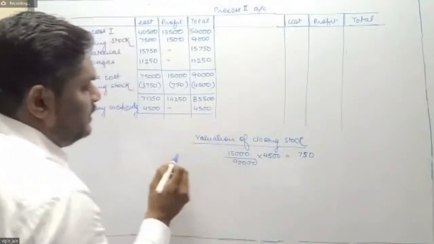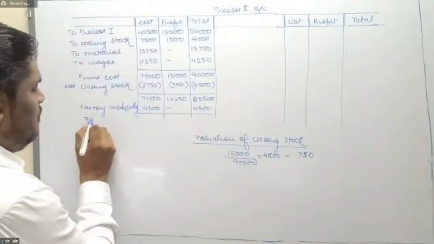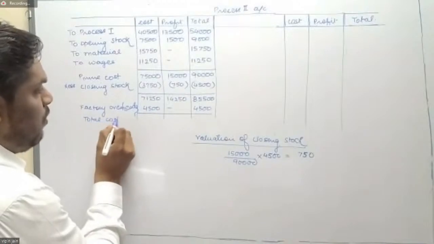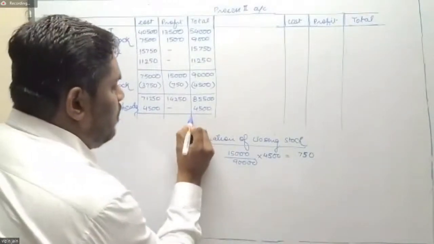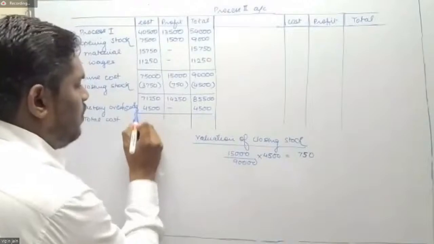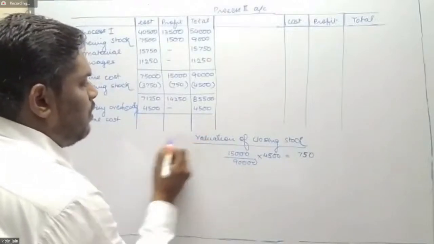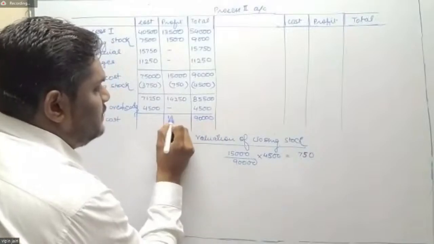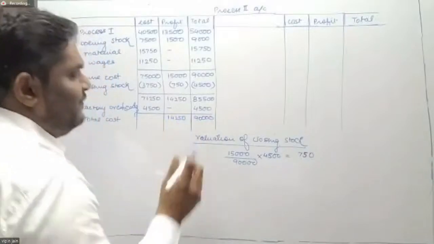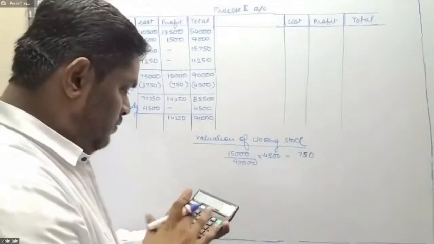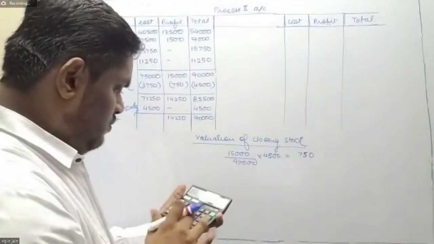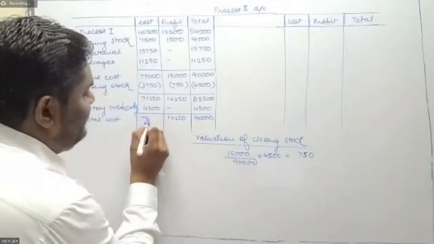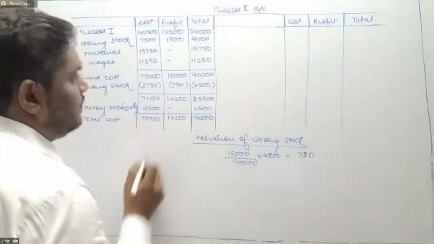So now we have got the total cost. $90,000, 14,250 is the profit. 75,750 is the total cost.